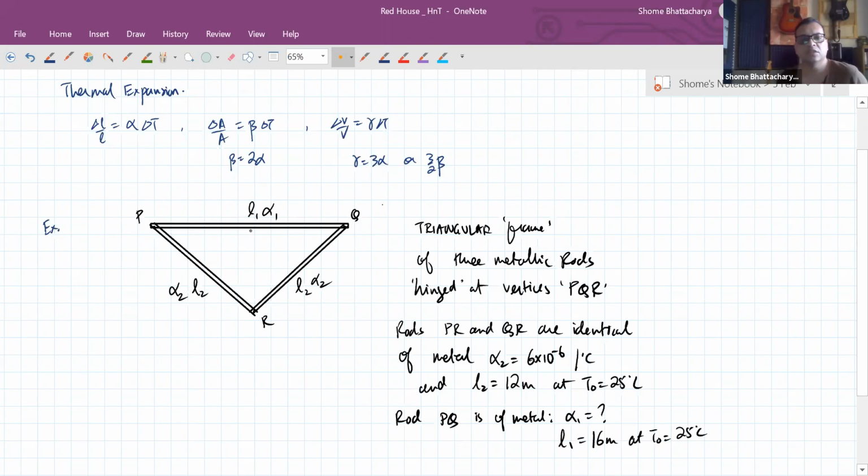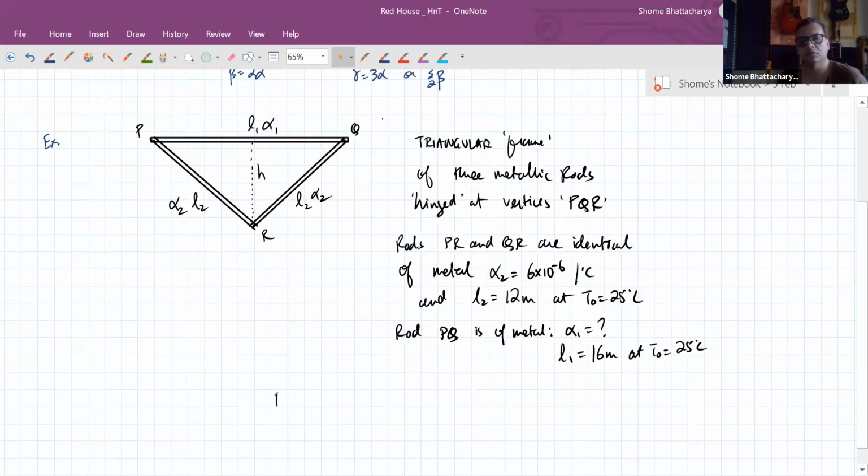Now it is observed that the height of the triangle is independent of temperature. Whether we increase or decrease the temperature, the shape of the triangle will change because of thermal expansion or contraction, but the height of this triangle from the vertex R will remain independent of temperature.